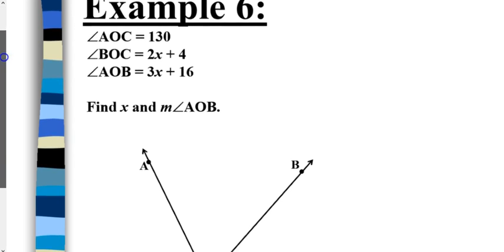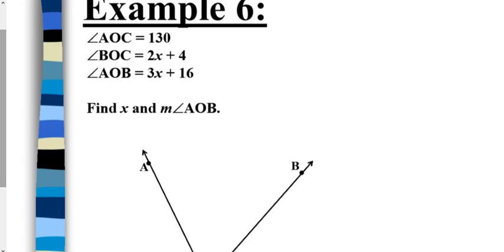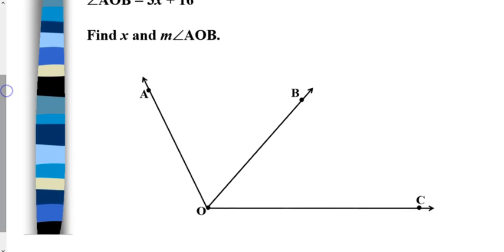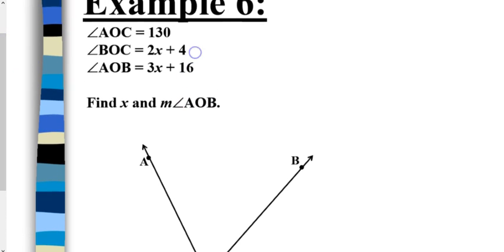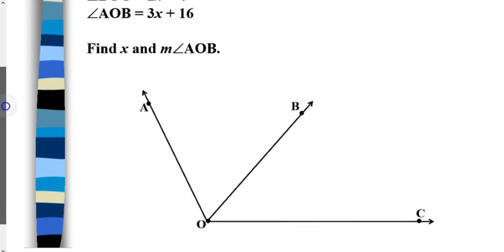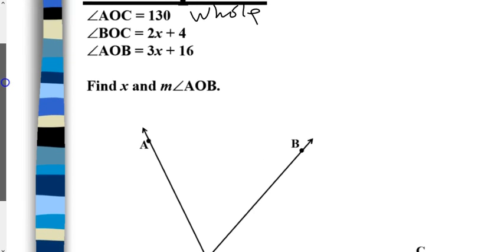Example 6. AOC is 130. So let's go to our picture. AOC 130. That is my whole. BOC is kind of like the right angle over there, lower right angle.